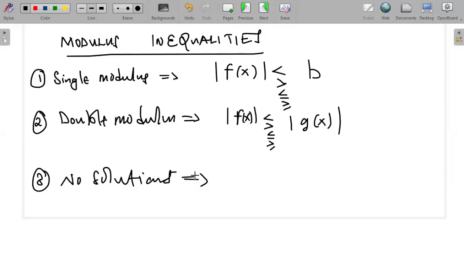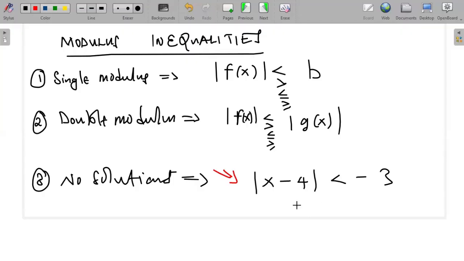All right, so I'll start with the no solution type. So we know that whatever comes out from the modulus is a positive value, right? So for example, if I would write modulus of x minus 4 is less than minus 3. This equation here, once it comes maybe in a test, don't even bother trying to solve it.